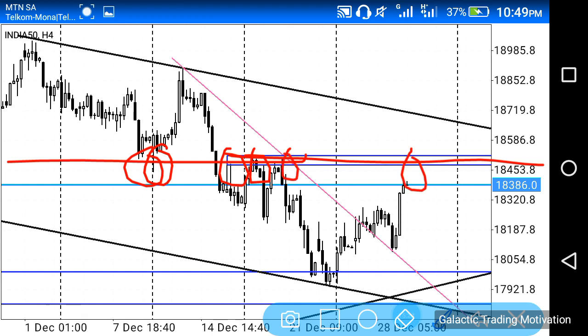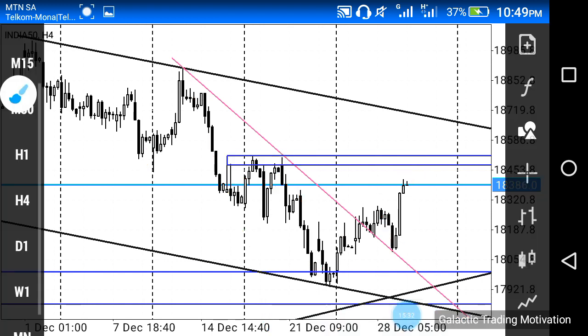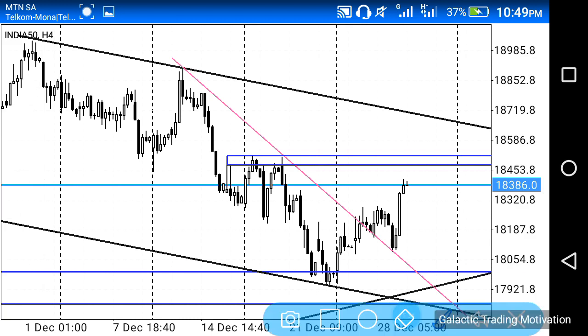And just also keep in mind that it is the neckline of this inverted head and shoulders pattern, and should price close above this area over here, chances are we will see the market push further up to test this trend line over here. And if it breaks the trend line, I would love to see price come back to the neckline to test it and then push further up, right?